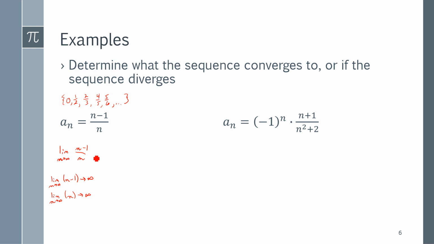So I have infinity over infinity. That's one of my indeterminate forms. I can use L'Hopital's rule. And I have the limit as n goes to infinity. Derivative of the top is 1. Derivative of the bottom is 1. And so this does converge. And it converges to 1.